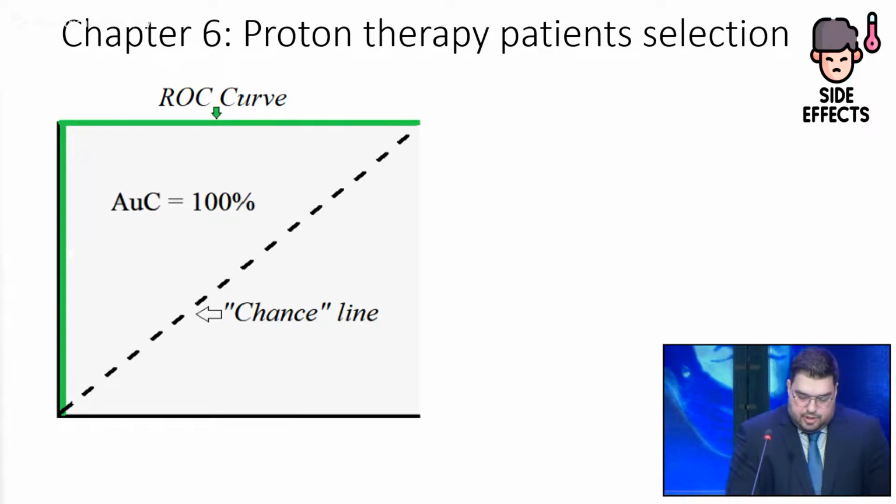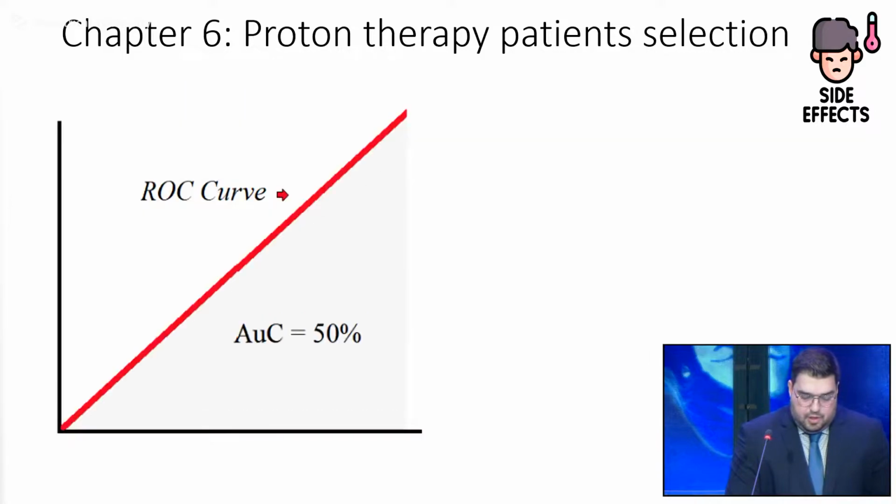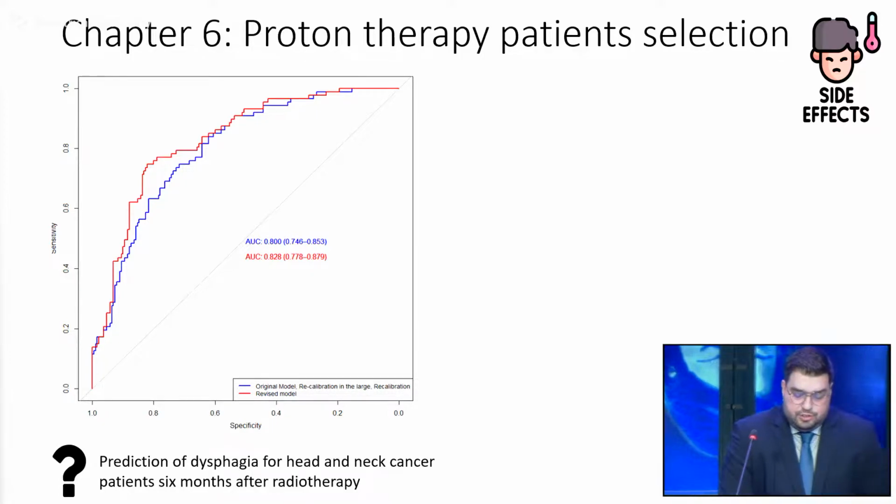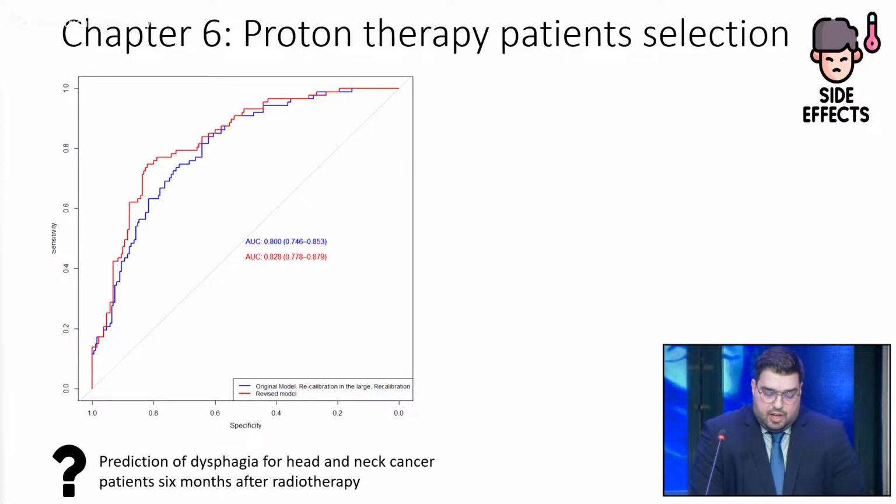A curve that is above the diagonal and reaches the highest point on the left side represents a good performance of the model, while a curve that reaches the diagonal represents a not so good performance. In this figure, I have presented the performance of different models that predict radiation-induced toxicities 6 months after radiotherapy of patients.